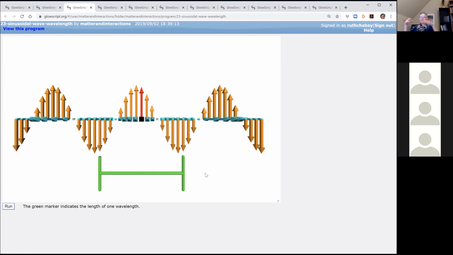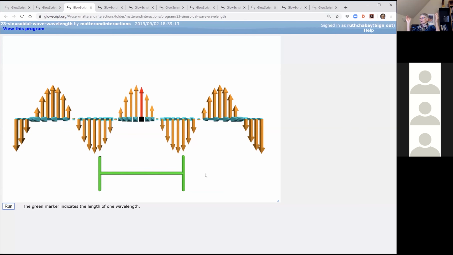So the energy of a photon is related to the wavelength of these electric and magnetic fields that are composing the photon. And so a shorter wavelength is higher energy, and a longer wavelength is lower energy. So we said blue photons have more energy than red photons. Well, blue photons have a slightly shorter wavelength to this oscillating electric and magnetic field character of the photon than a red photon.